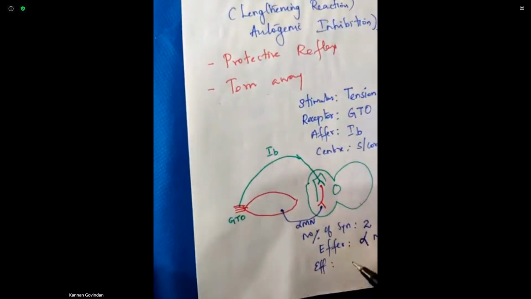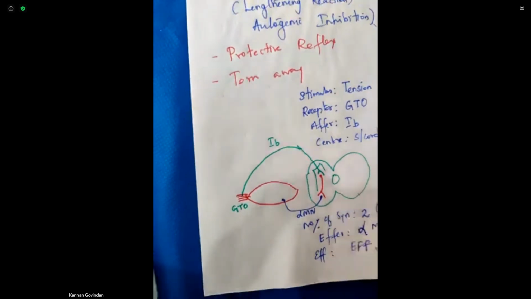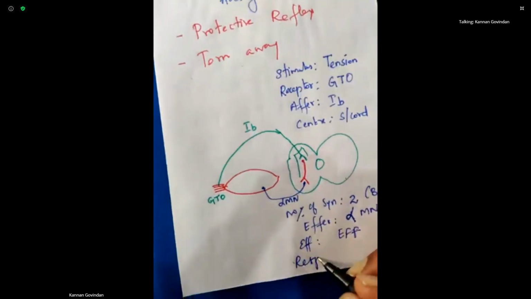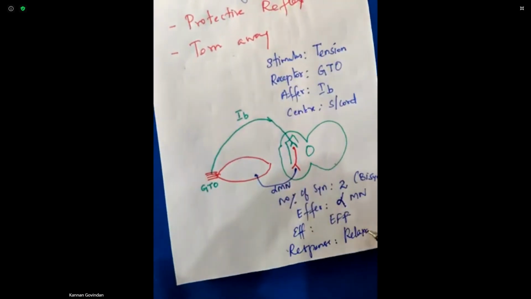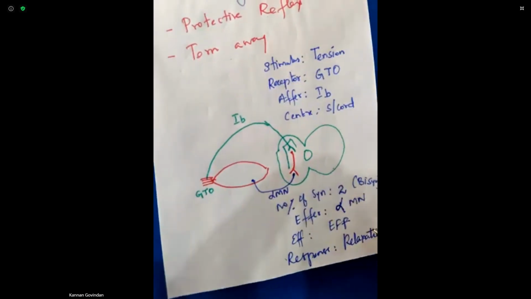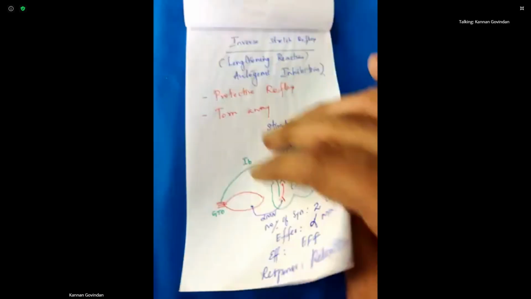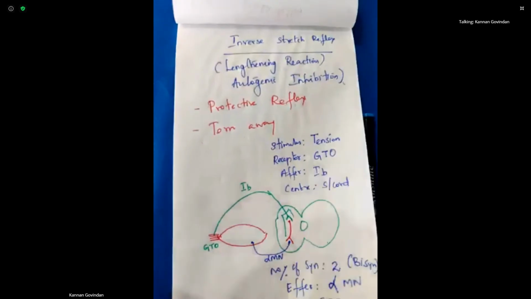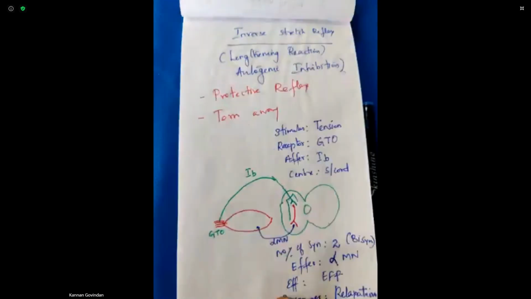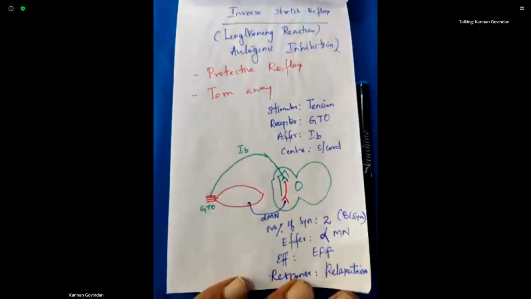Effector organ, extrafusal fibers or skeletal muscle. Response, muscle goes for relaxation. Okay, this is inverse stretch reflex. Either you will get stretch reflex or inverse stretch reflex or muscle spindle, one among the 3 in your university exam. So you have to be thorough with this.